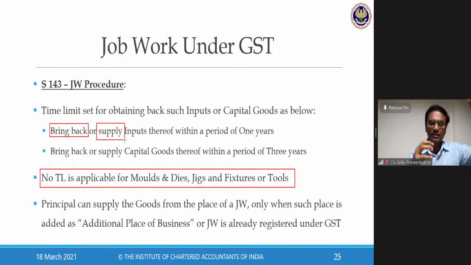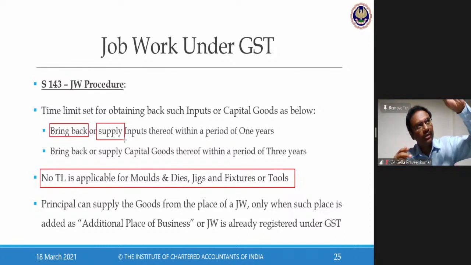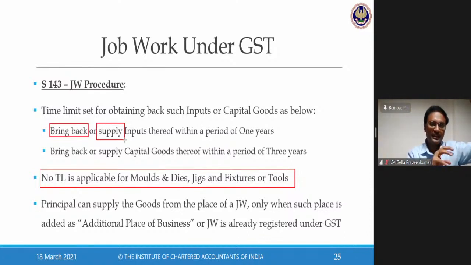North Uttar Pradesh, South Uttar Pradesh, and the customer is in, say, Haryana. Don't mistake me, I'm talking geographically. I'm not exactly well versed with the distance matters. Say, the principal is in North Uttar Pradesh, the job worker is in South Uttar Pradesh, and 30 kilometers from there is the customer of this particular supplier.